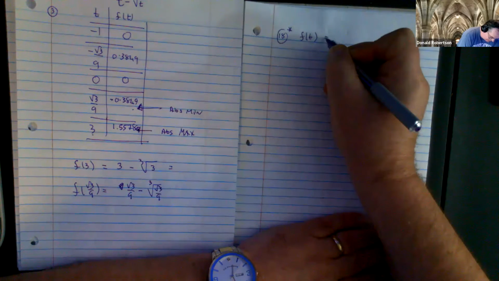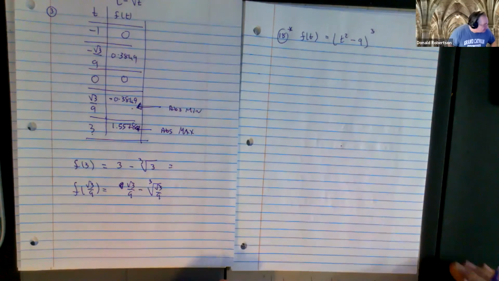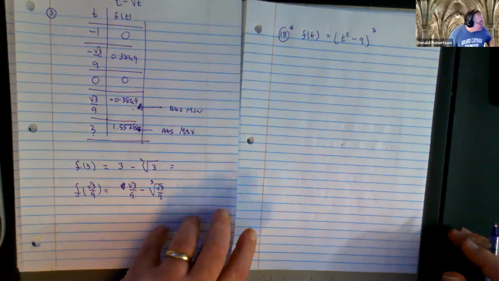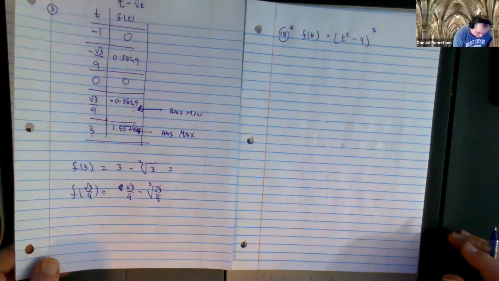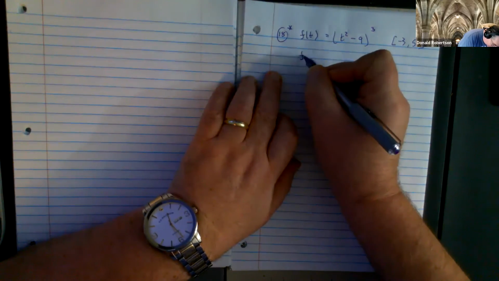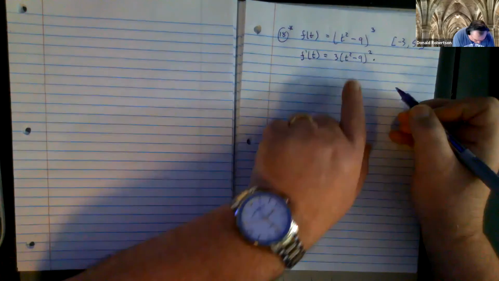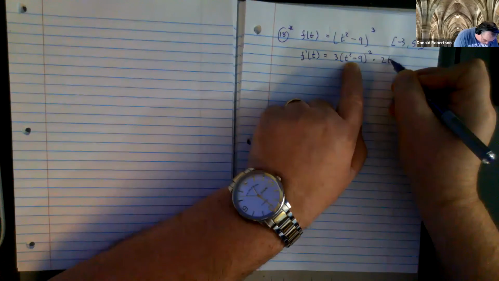So we're being asked to find the absolute max and minimum value of this function on the given interval -3, 5. Chain rule. 3 times t squared take away 9 squared times the derivative of the inside function, which is 2t.